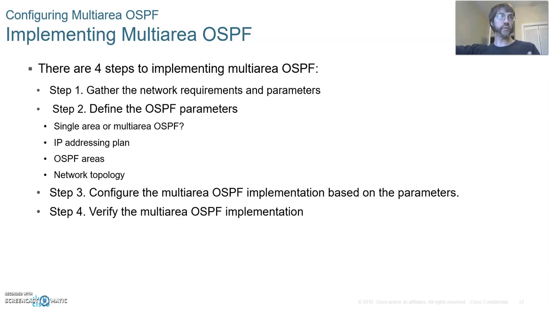If you watch that set of videos first, you've already seen this. Anywho, you can set up your area summarization so that instead of having to advertise lots of little networks across that WAN link from your regular area into your backbone or whatever it is, you can send a summarized aggregated network and use less bandwidth.